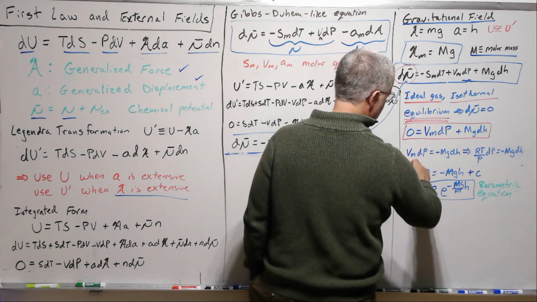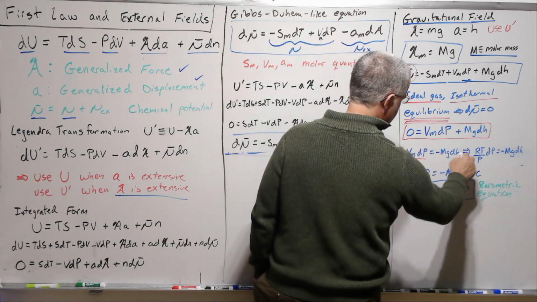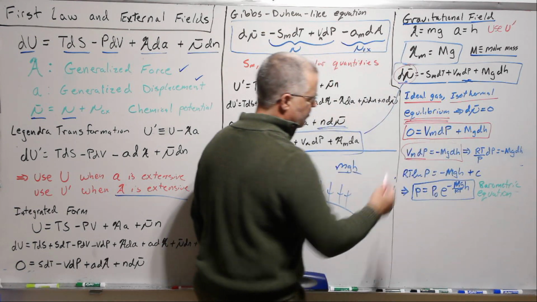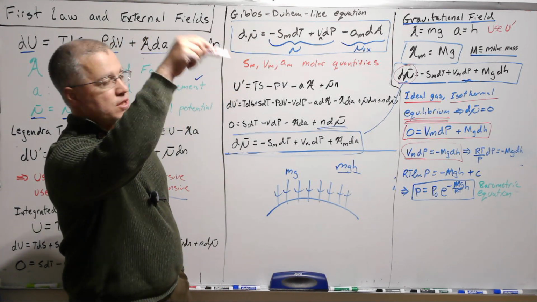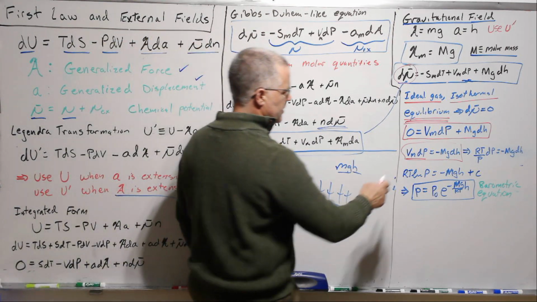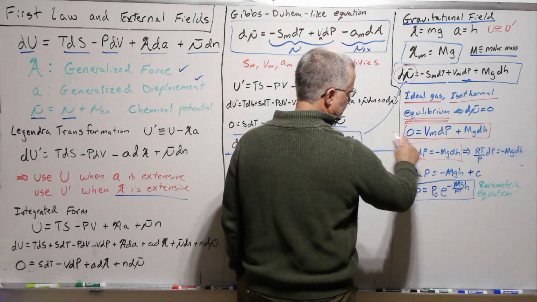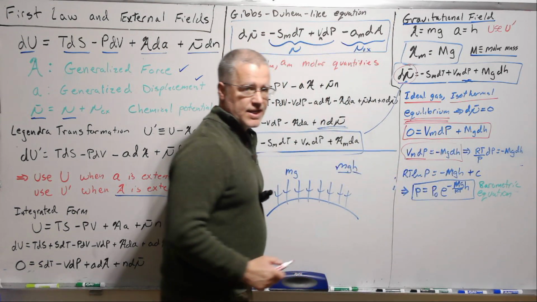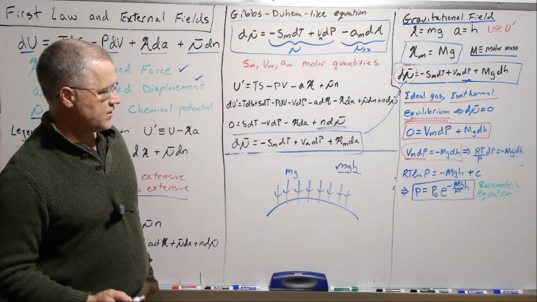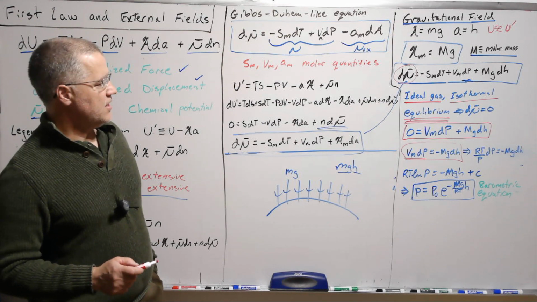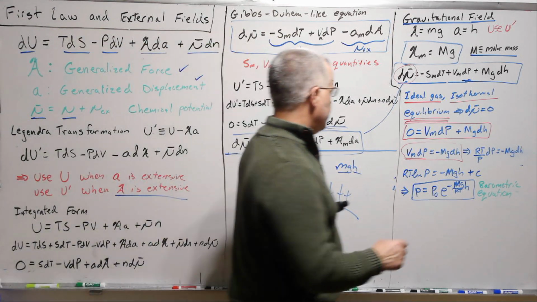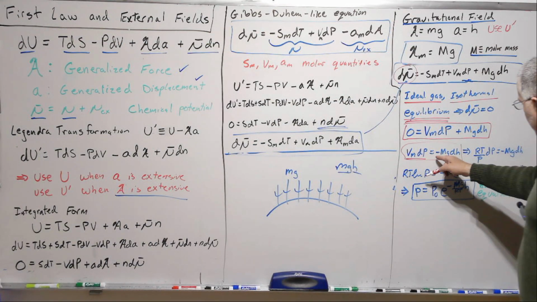We'll just bring the P over to one side. All we've done is bring the P over to one side and put the minus sign over here. Very careful to follow that minus sign. It's obviously going to be important here. And so the minus sign comes in.